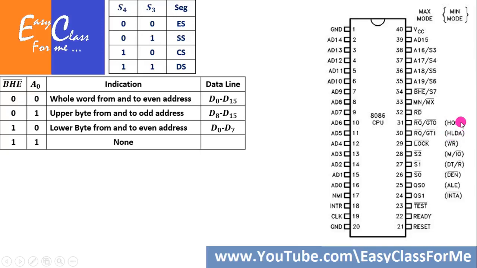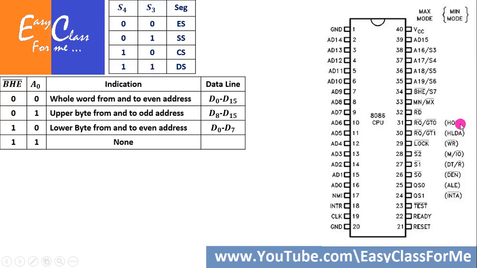Hold acknowledge means you have given a request at the hold pin for accessing the address bus and data bus of the microprocessor. The microprocessor will complete its task, and then it will float a value of 1 on this pin, which indicates to the peripheral that yes, your request has been accepted and you are now given control of the address and data bus. You do whatever you want to do with it, and then after doing it, you make the value of hold equal to 0, and this HLDA will again be taken back by the microprocessor, and the microprocessor will be able to use its bus again.